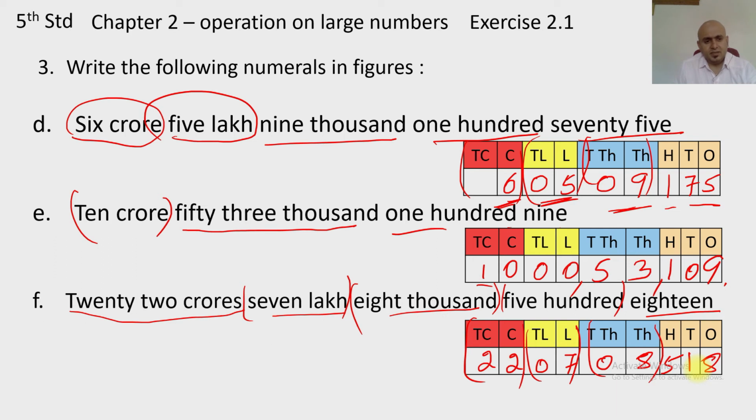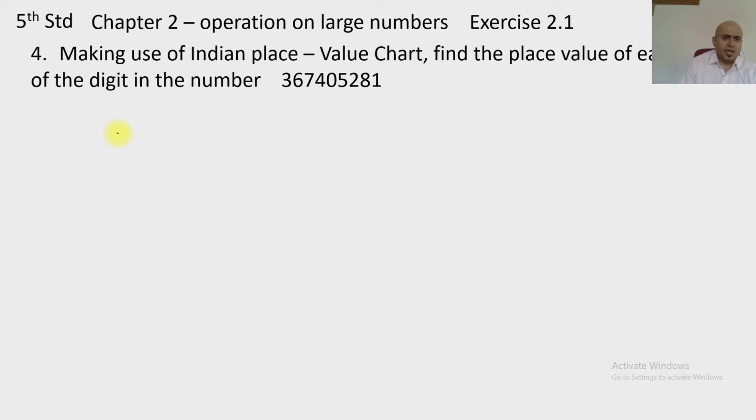Okay, next. Making use of the Indian place value chart, find the place value of each of the following digits in the numbers. The number is 367405281. We have to make use of the Indian place value chart and find the place value of each of the digits. For every digit, we have to write a value.